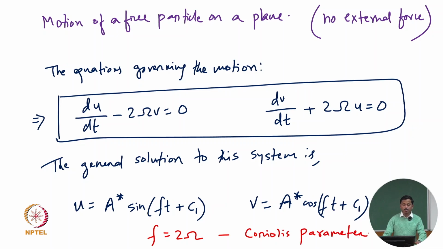It is just 2 times the angular velocity of the rotating plane. So there's a plane rotating at some angular velocity about this axis, and there's a particle on it. This is the system that we are studying, and f is called the Coriolis parameter.